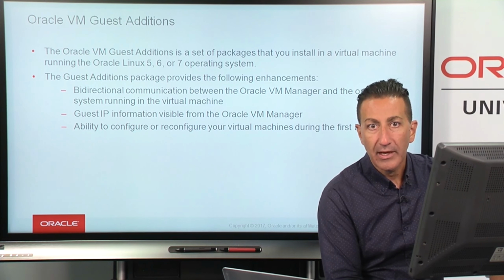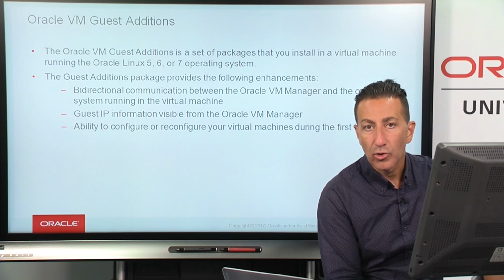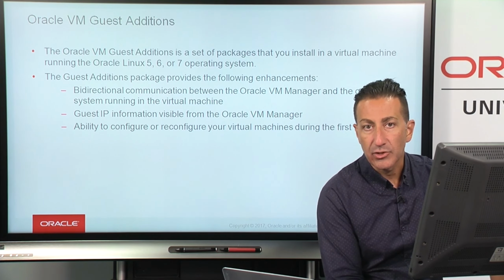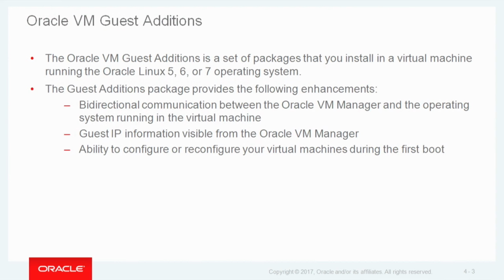Well, the Oracle VM guest editions are a set of packages that you install in a virtual machine running the Oracle Linux 5, 6, or 7 operating system. You have a list of these different packages in the next slides, but most important is that you get these packages from the different Unbreakable Linux Network repositories to be able to perform the installation.